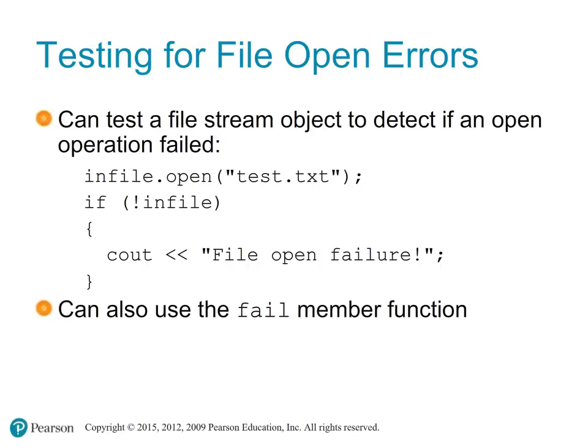Here, after trying to open test.txt, the program checks the state of the infile object. If the file didn't open successfully, an error message is displayed. Another way to check if the file opened successfully is by using the fail member function. This function returns true if the previous operation on the file stream failed, like trying to open a non-existing file.